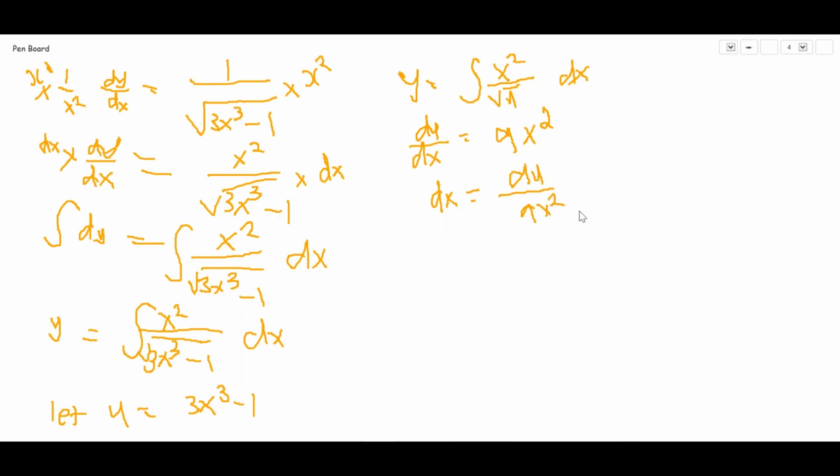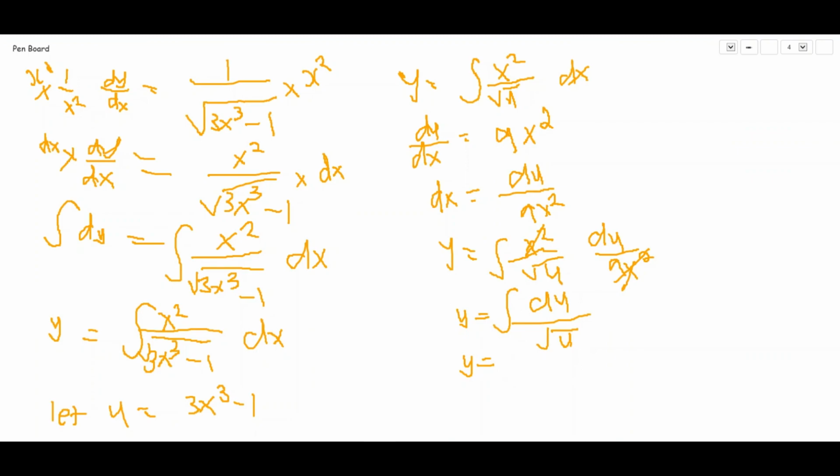Alright, so now we just take this to here. Then we will have y equals x squared divided by root of u, du over 9x squared. Then this will cancel this. Then y is equal to the integral of du over root of u.